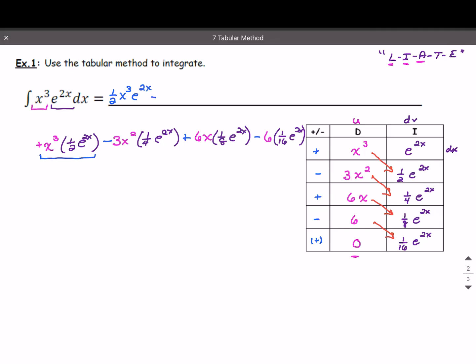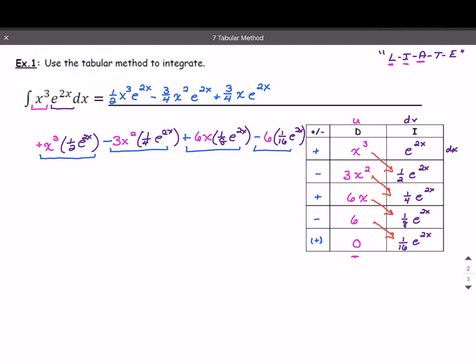Then we're going to minus, when we multiply this, we're going to have 3/4 x squared e to the 2x. And then when we multiply this one, 6 times 1/8, that's going to give us 3/4 again, and we're plus 3/4 x e to the 2x.